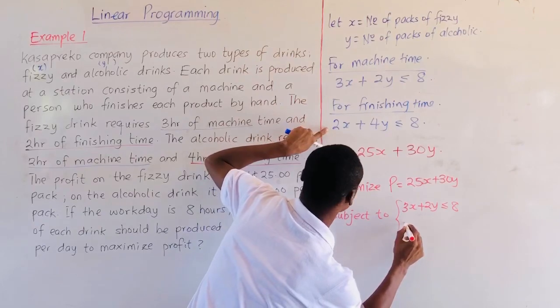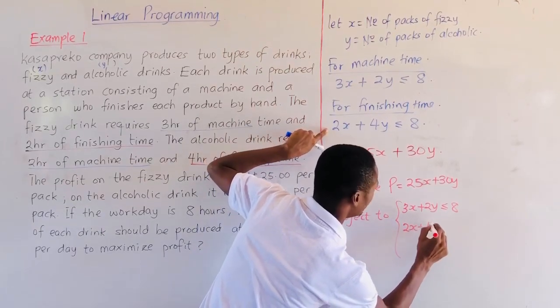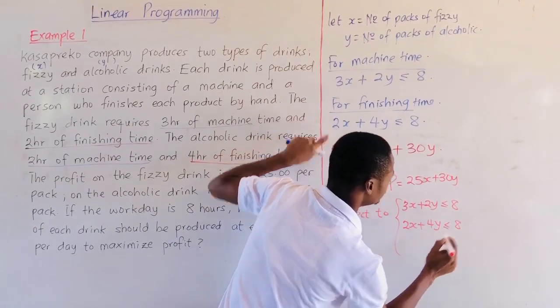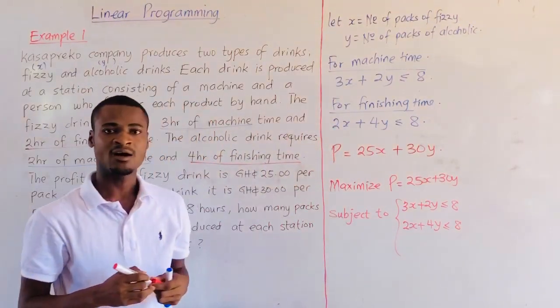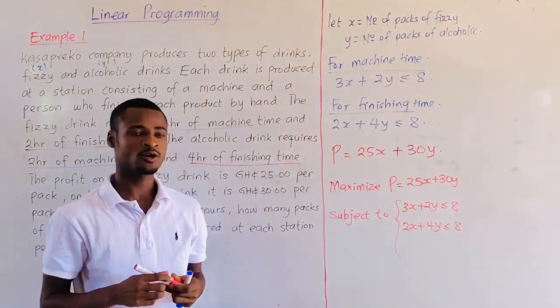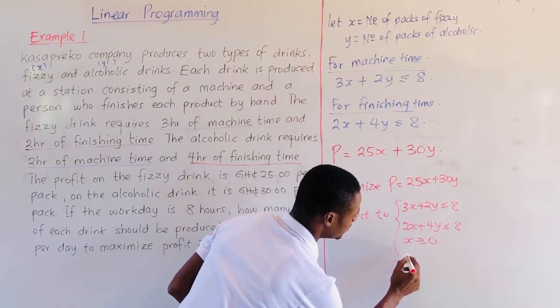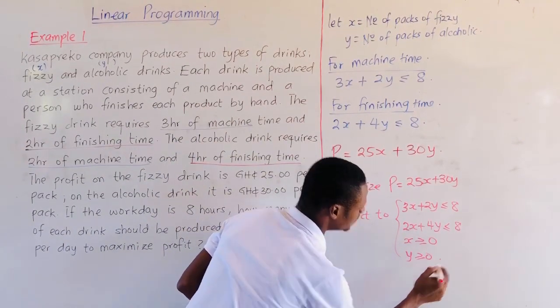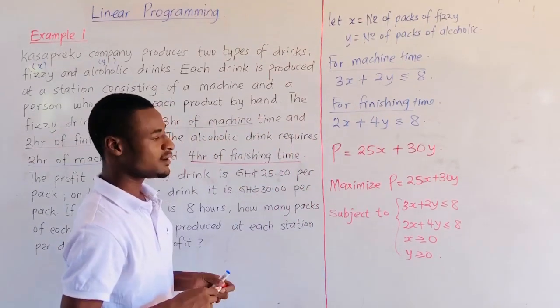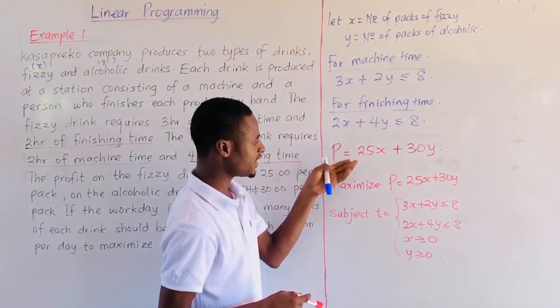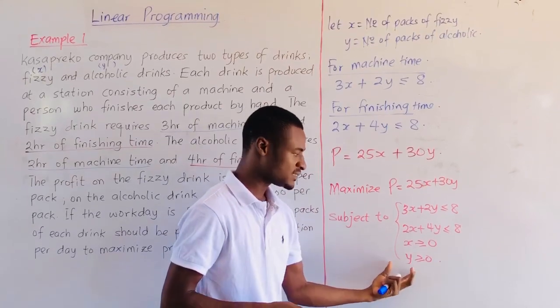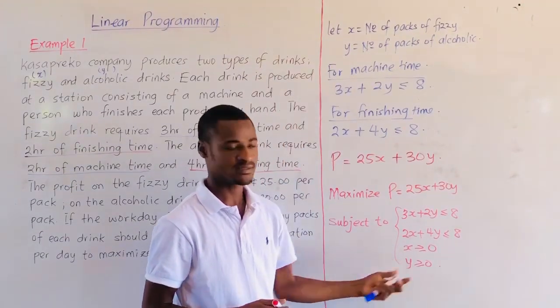Then the finishing time, 2x plus 4y less than or equal to 8. Don't forget our non-negative constraint, which always holds, and that is x greater than or equal to 0, y greater than or equal to 0. Now let's look at how we can maximize this profit subject to the following constraints.